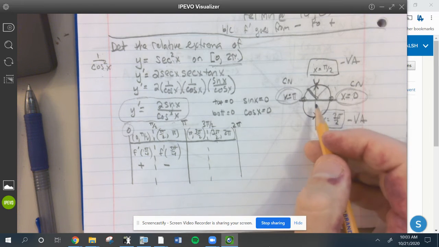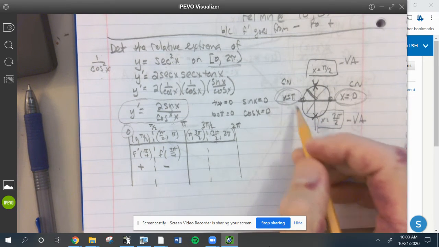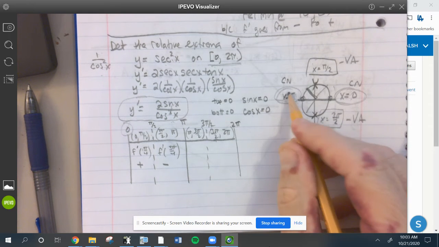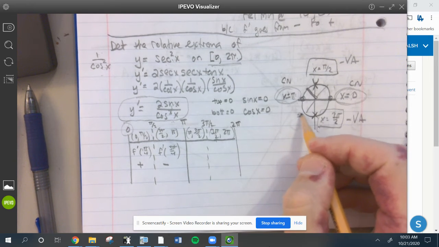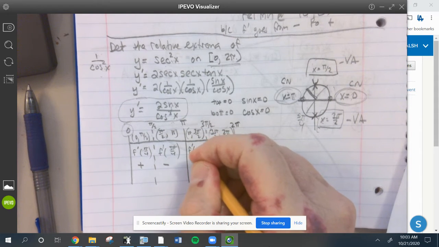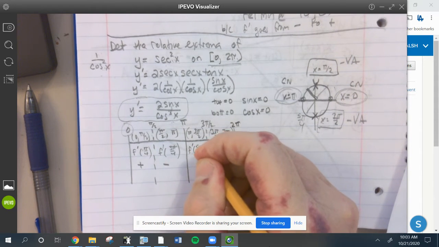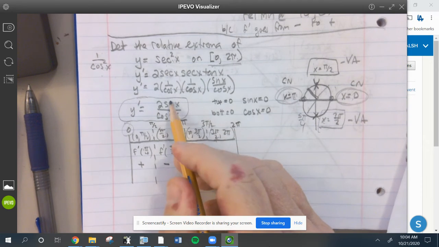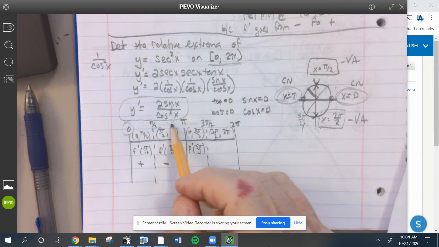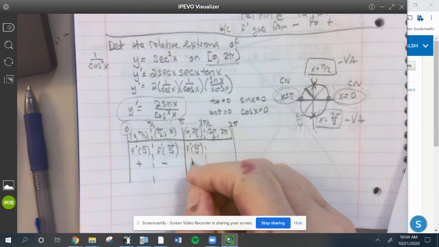Here, we're going to use between pi and 3 pi over 2. Again, the unit circle is helping us a lot here. We're going to use 5 pi over 4. Now we're in quadrant 3, where sine and cosine are both negative. So we have a negative over a negative, which is positive.